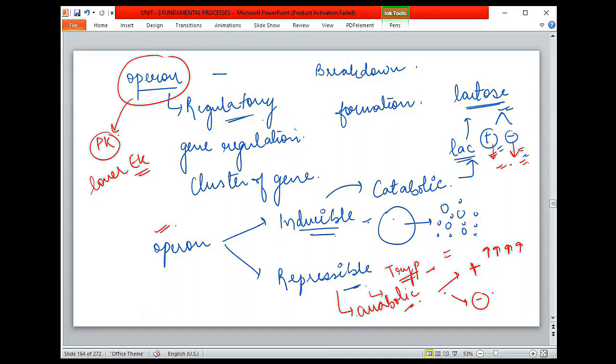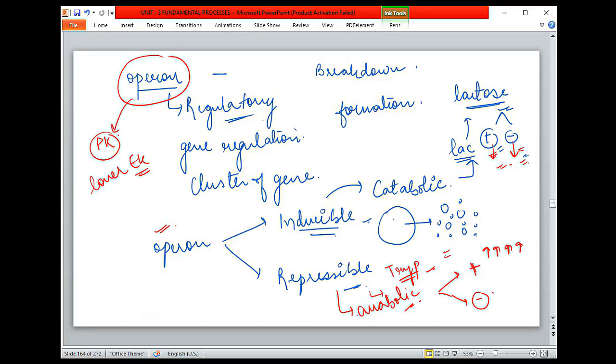So having regulation for the repressible, or anabolic, operon is again important. So positive and negative regulation exist in the case of tryptophan, the repressible operon, as well. Okay, so these are the basics.